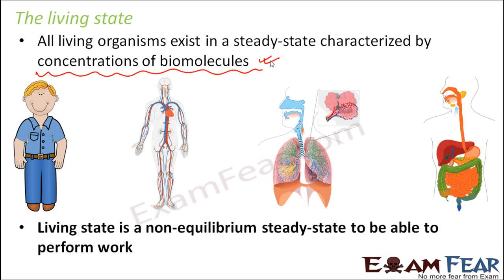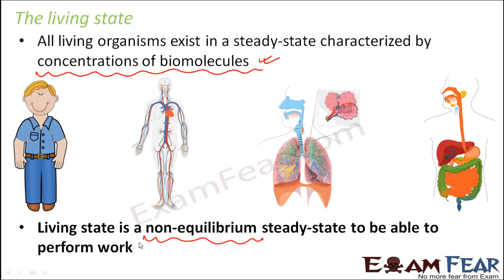So we can say that the living state is a non-equilibrium steady state to be able to perform work. Please remember that something which is living is in non-equilibrium. Why is it non-equilibrium? Because it is non-equilibrium, that is why it is doing some work. For example, let us suppose you have a hot cup of coffee. When there is a difference in temperature between the cup of coffee and the surroundings, there will be flow of heat.